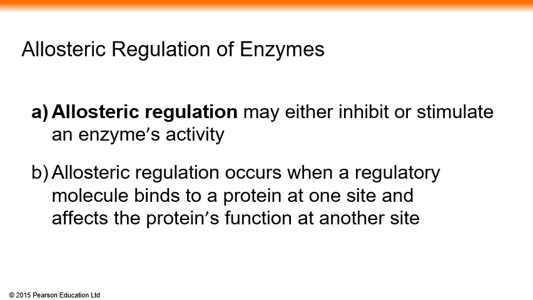So sometimes it is going to inhibit the biochemical reaction, or sometimes it stimulates the enzyme activity. Allosteric regulation occurs when a regulatory molecule binds to a protein at one site and affects the protein's function at another site.